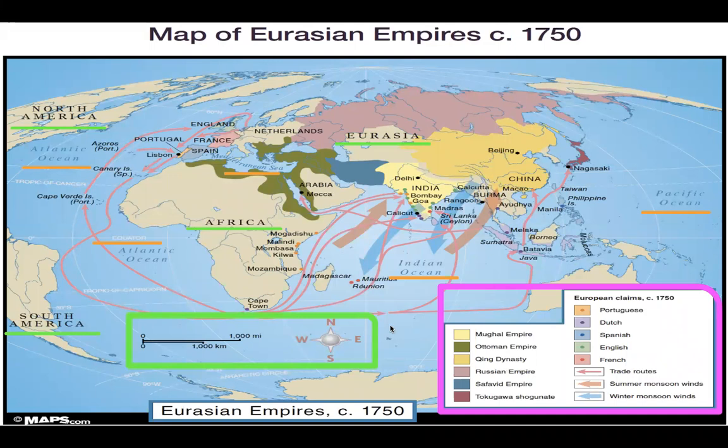Definitely, we should be paying attention to the arrows that are showing us our trade routes, which we could see in our key right here. We should also be paying attention to political boundaries and the borders of these empires circa 1750. So these are all the things that we only just see as soon as we look at the map.